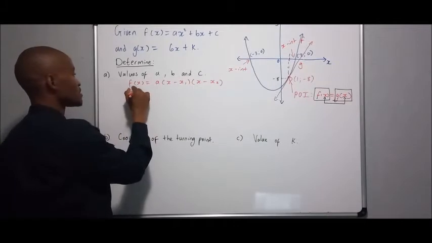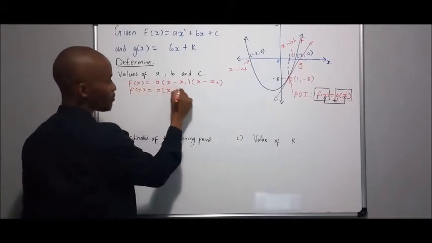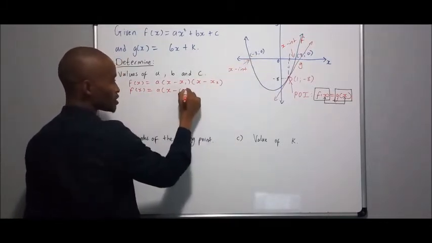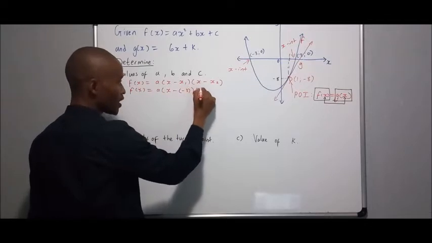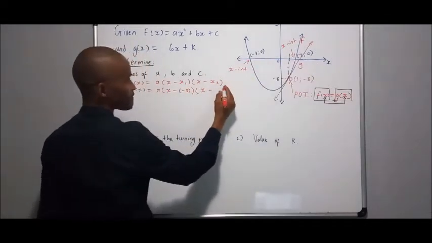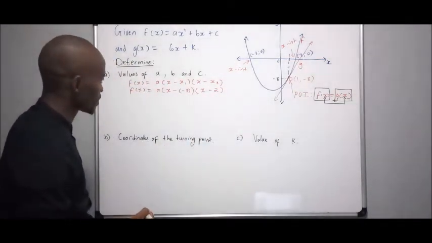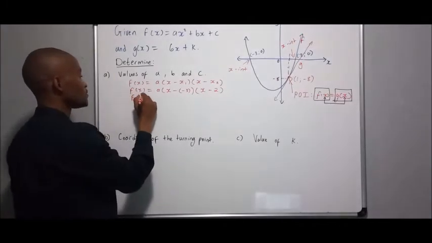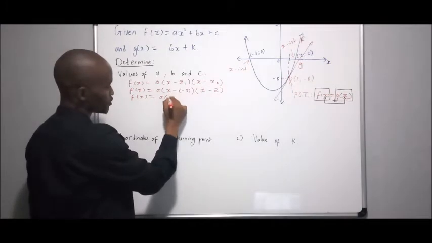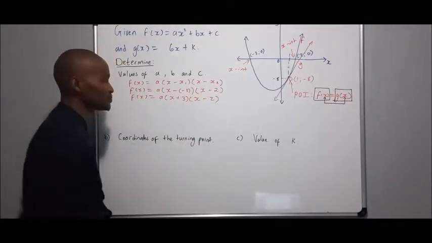Let us substitute. f of x is equal to a times x minus, that's your x1, so I'm going to produce a double negative, x minus 3 negative gives plus, times x minus x2, it's a 2 there, so it's just minus 2. Fix your stuff: a double negative gives you a positive. So it's x plus 3 times x minus 2.